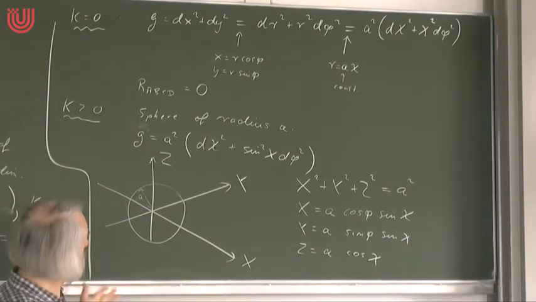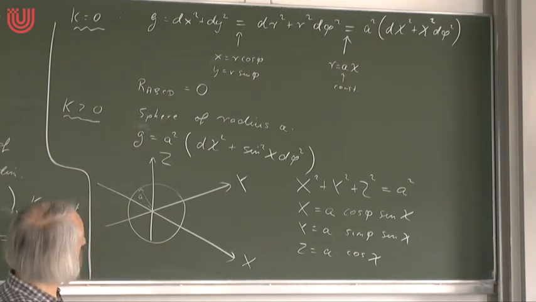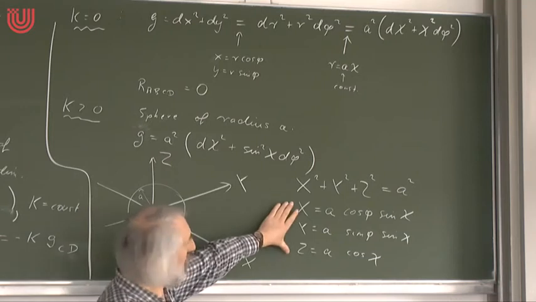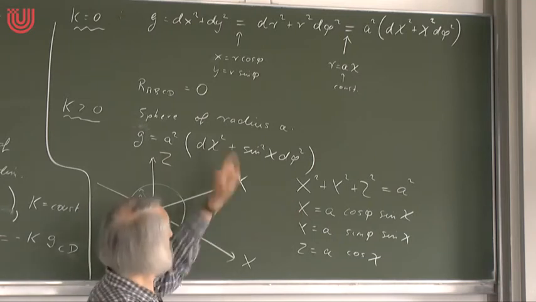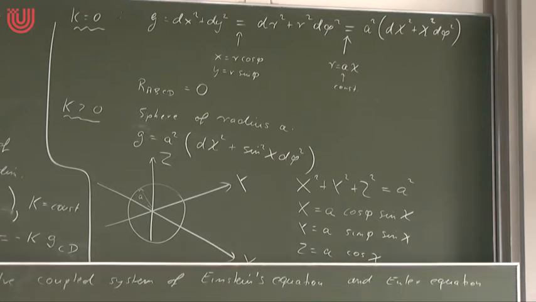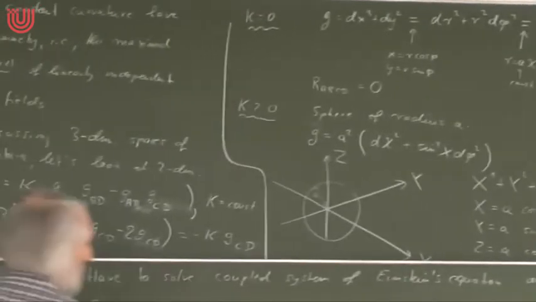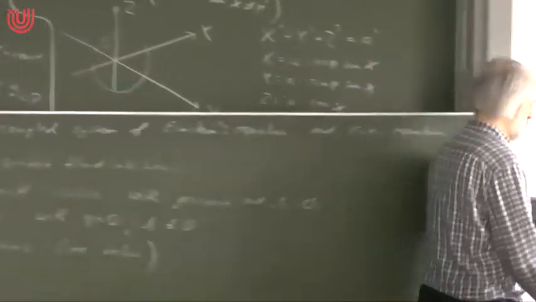So I write the 3-dimensional Euclidean metric on the space spanned by x, y, z, and then I pull it back to this submanifold, and then I get this expression. Let me do this little calculation. It's just 2 lines or so. And then I will do something similar for the space with negative curvature.